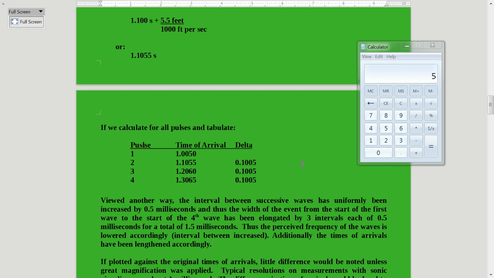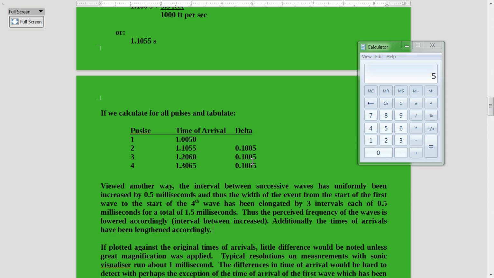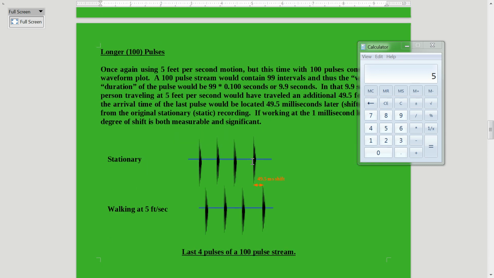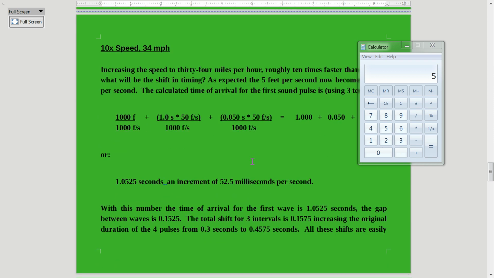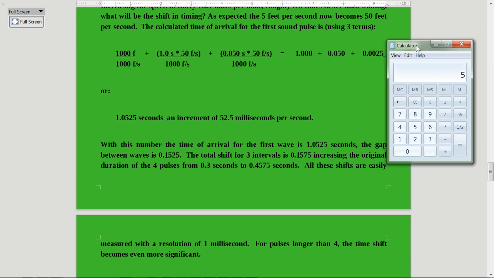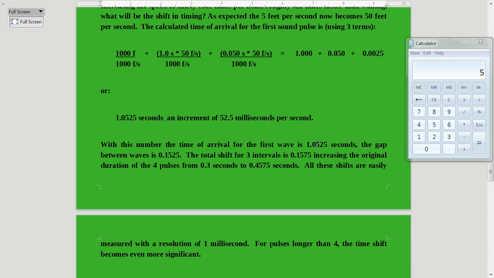Alrighty. So up here when we're at 3.4 miles an hour, the delta between them is half a millisecond. Therefore, at 10 times that speed, we're going to get 5 milliseconds added on. Okay, so it's going to be 5 milliseconds extra per pulse. Yep. Okay. That jives with this little calculator.